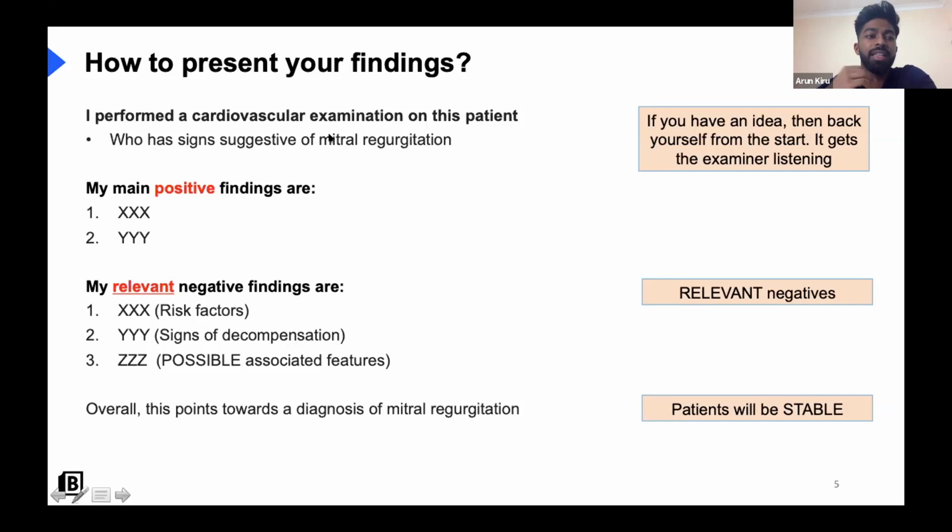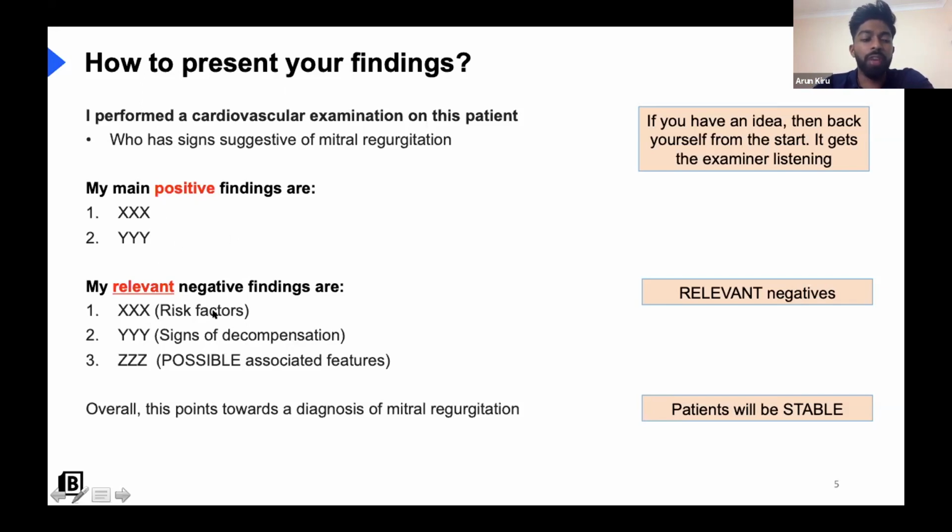And the reason why we say it from the start is because as an examiner, and I've sat in on some OSCEs last year, 2 years ago when I was in F1, if you suddenly hear the diagnosis from the first second that the student starts speaking, you think, okay, so I'm interested now, I want to hear what they say. How are they going to prove to me from all their positive findings that this is the correct diagnosis? And then you list off the findings you found, and then we talk about relevant negatives. And I would say it's impossible to come up with relevant negatives on the spot.